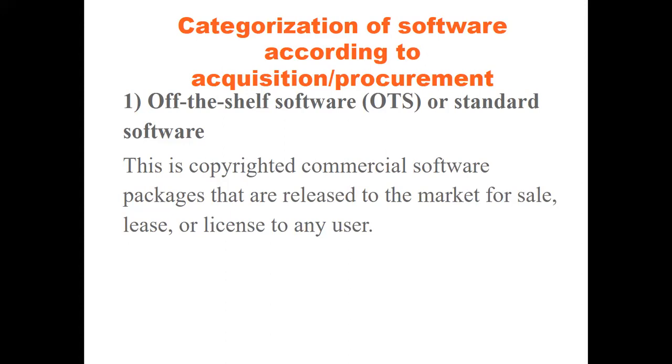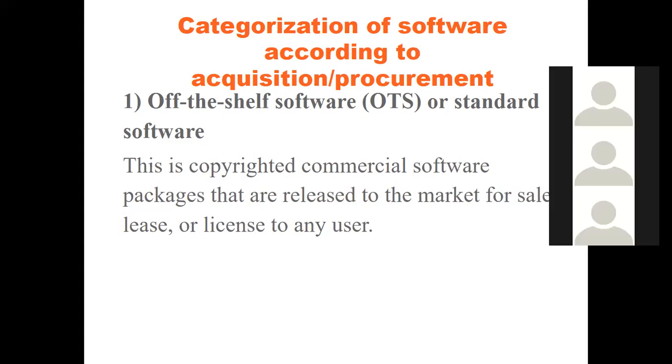We have the category of software we call off the shelf. It's also sometimes called standard software. This kind of software is normally copyrighted, but it is sold in the market for commercial reasons. So the company that makes it owns the software, but they sell it to you to use.